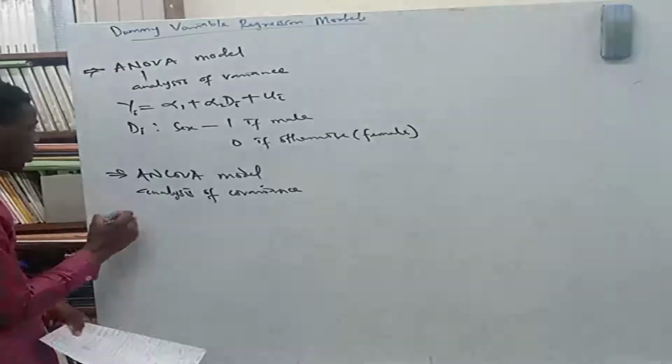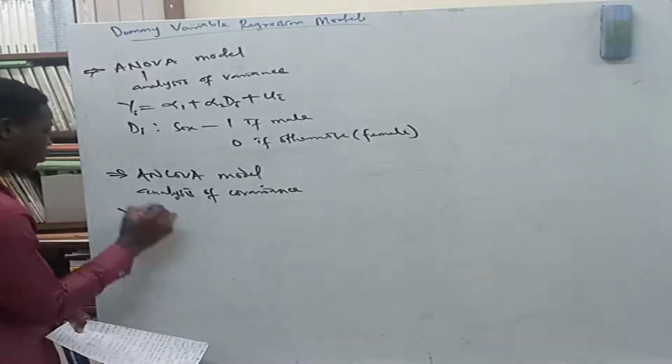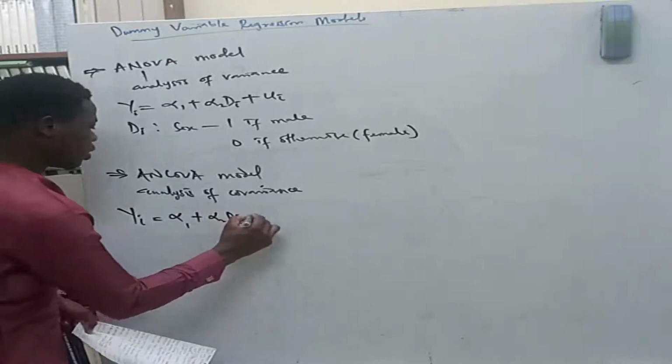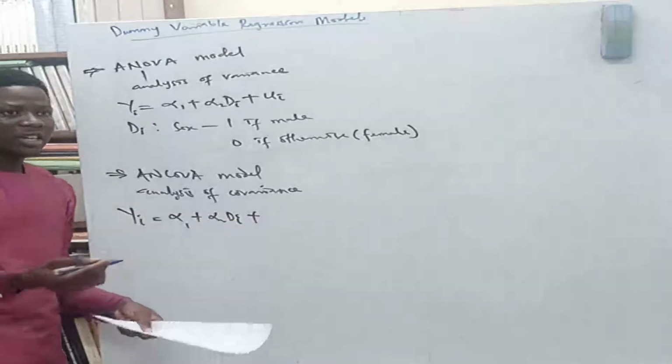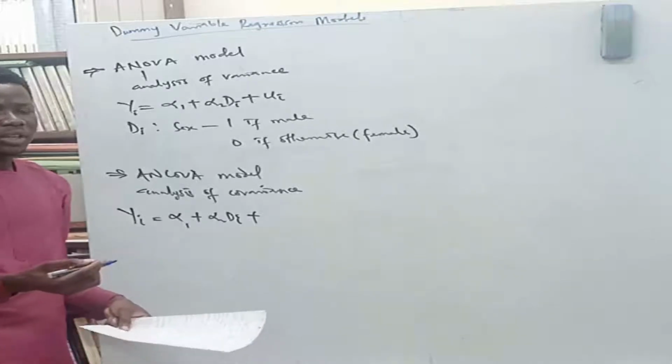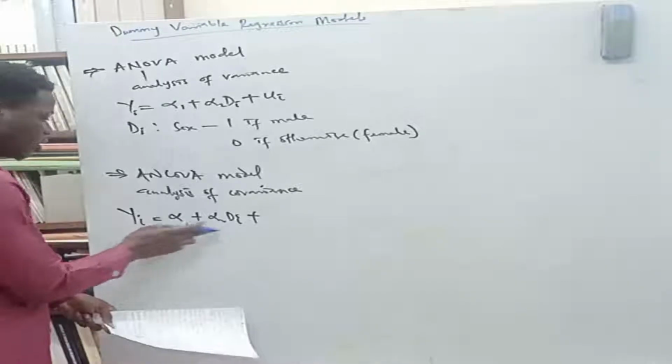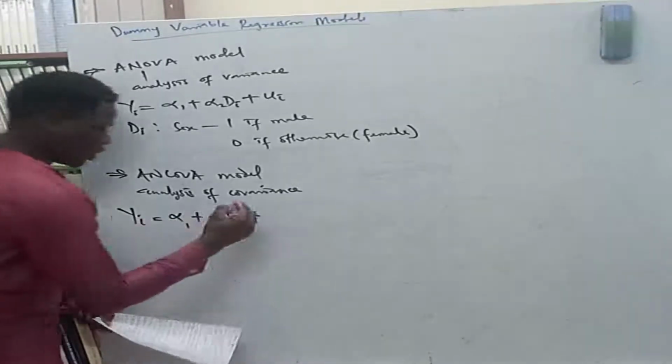So you can have it that yi equals alpha 1 plus alpha 2 di plus, now what we do normally is to differentiate the qualitative from the quantitative variable, you will change the notation for their coefficient or the intercept.